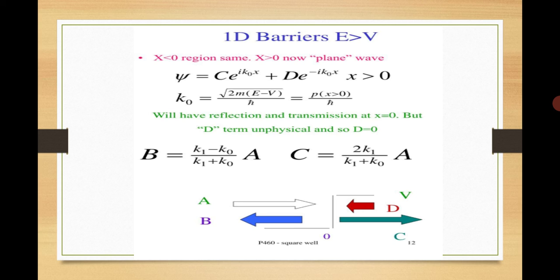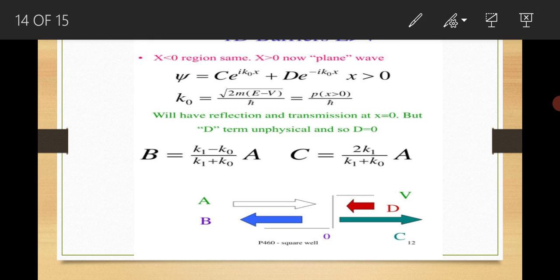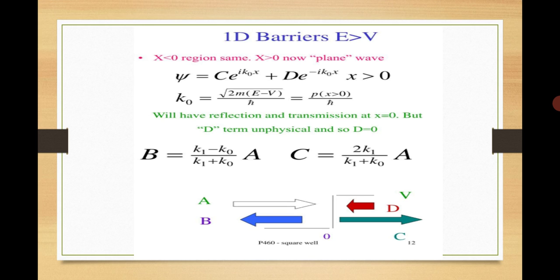We have reflection and transmission at x equal to 0, but at d the term is unphysical, so d is equal to 0. For x equal to 0, because the potential well is high, the particle will be bound.